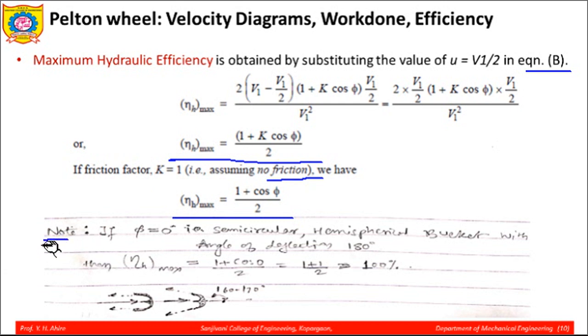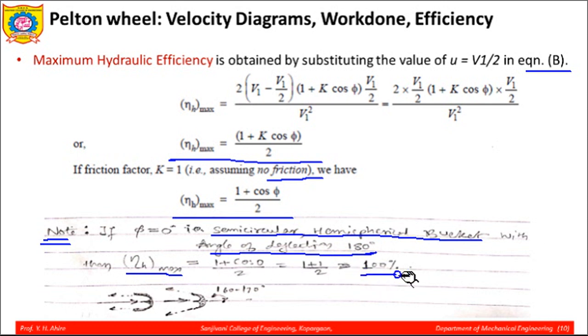Here we have a note: if phi is equal to 0, that is the ideal case of a semicircular, hemispherical bucket. If the phi angle is 0, it means the angle of deflection is a complete 180 degrees. Then the maximum efficiency tends to become 100%: 1 plus cos 0 upon 2, so 1 plus 1 by 2 is 100%.